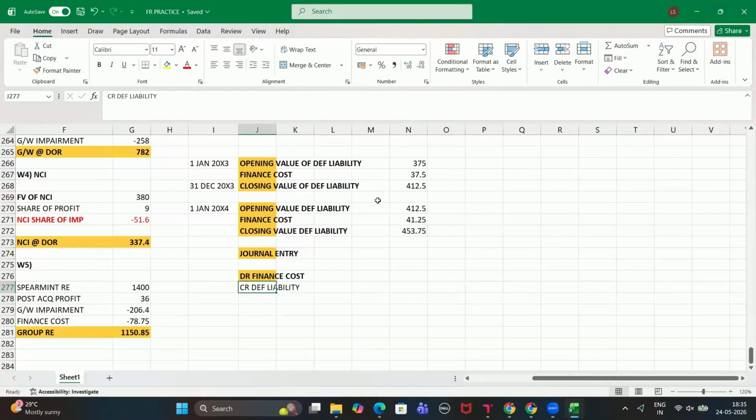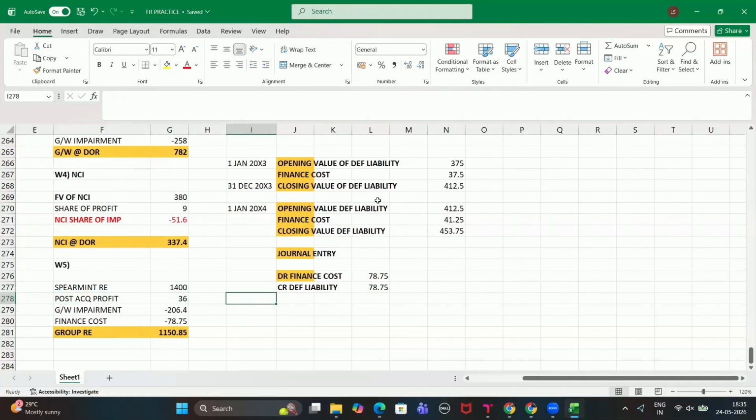So how much is the finance cost here? 78.75. Deferred liability will also increase by 78.75. Are you guys clear with this journal entry?